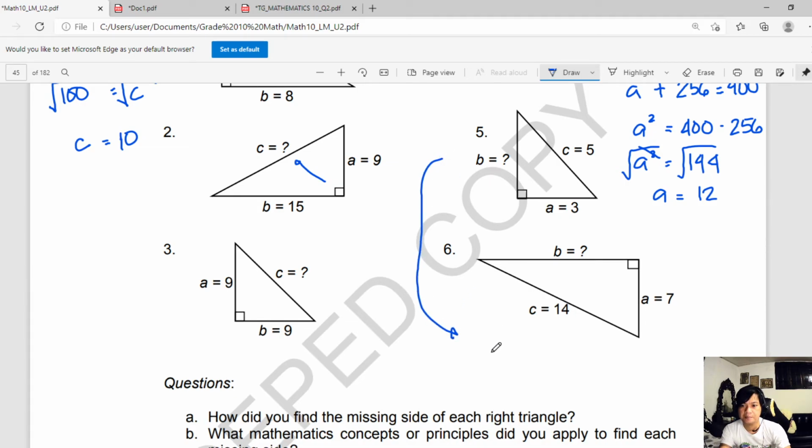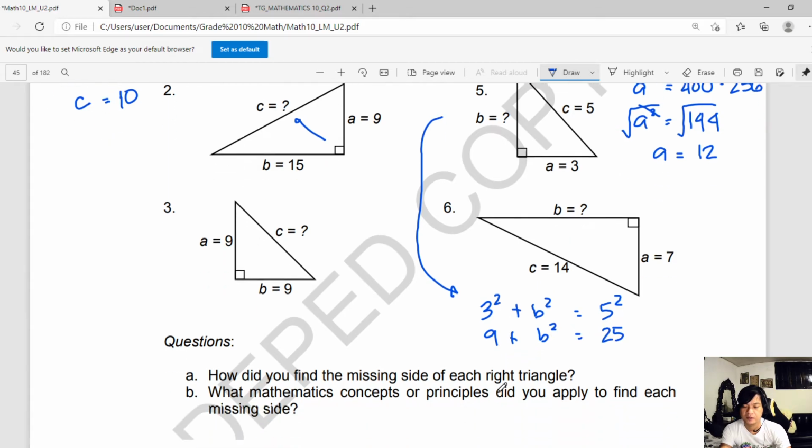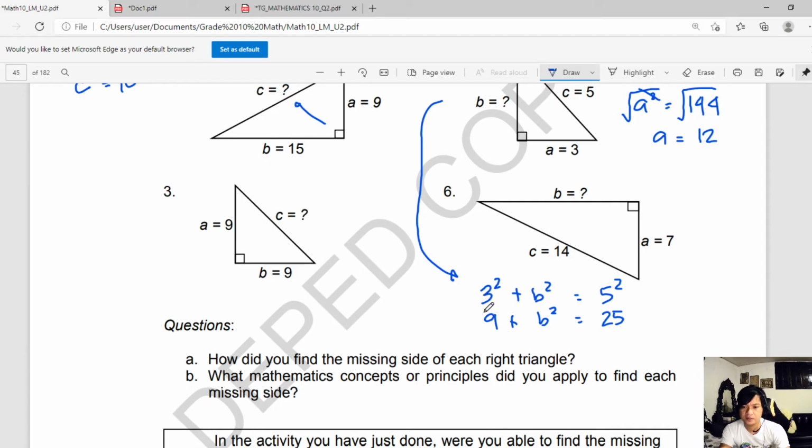So, just copy 3 squared. A squared is 3 squared plus B squared is equal to 5 squared. So 3 squared is 9 plus B squared is equal to 25. So this one, B squared, we move this.